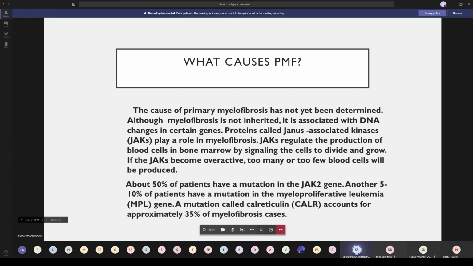The proteins are called Janus associated kinase, JAK, which plays a major role in myelofibrosis. JAK regulates the production of blood cells in bone marrow by signaling the cells to divide and grow. If the JAKs become overactive, too many or too few blood cells will be produced.